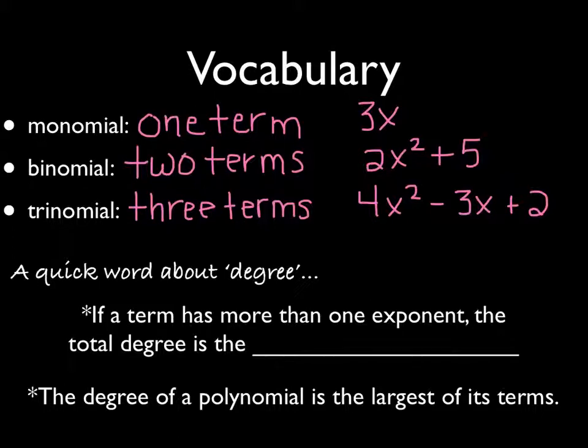Well, if the terms have more than one variable, the total degree is the sum of the exponents, and you'll see what I mean by that in a minute. And then the total degree of a polynomial is the biggest total of all of the terms. We'll do some examples in a second.